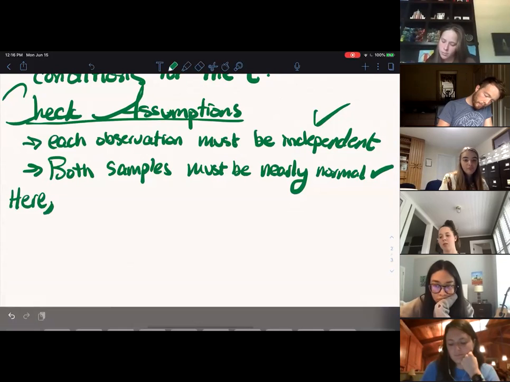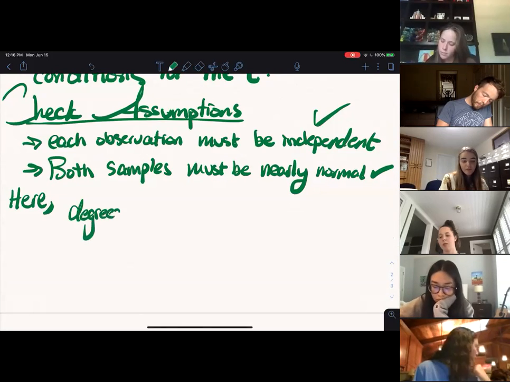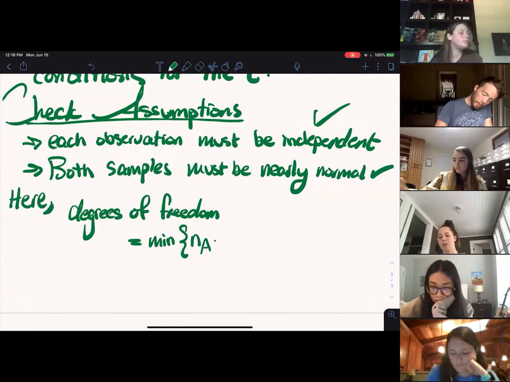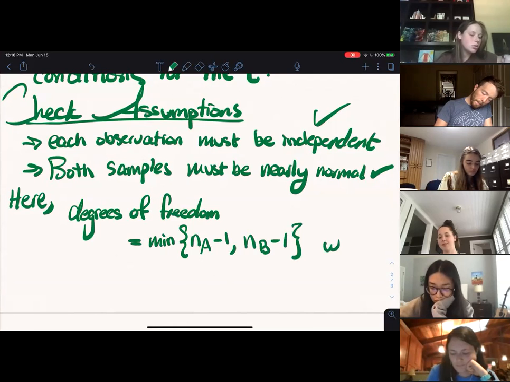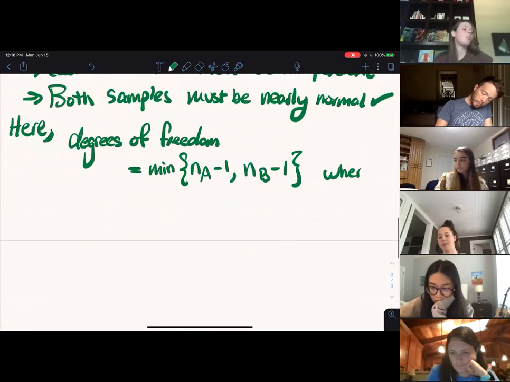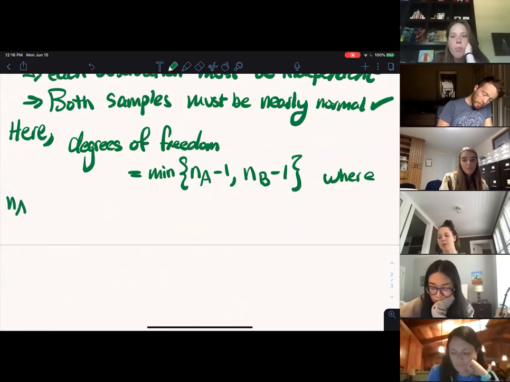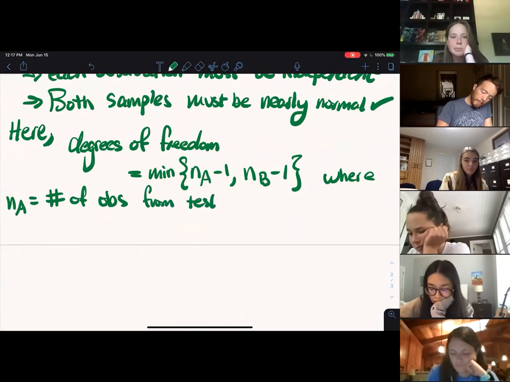I'm going to tell you degrees of freedom is equal to the minimum of nA minus 1 and nB minus 1, where nA is the number of observations from test A, and nB is the number of observations from test B.